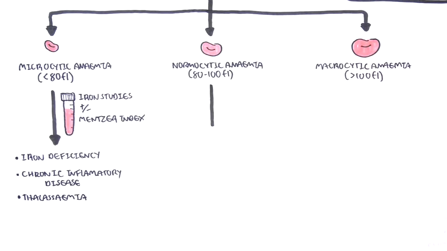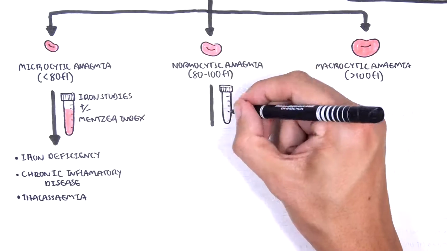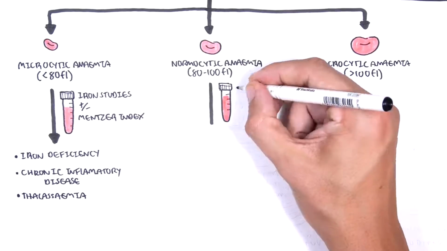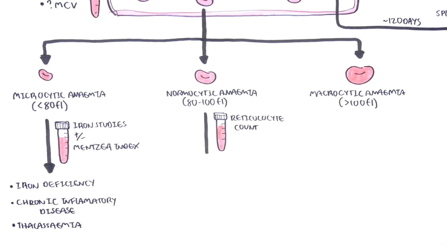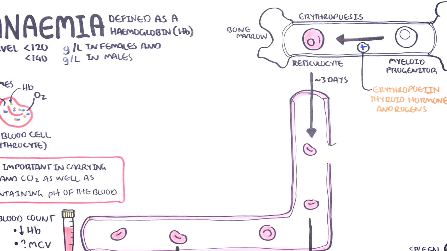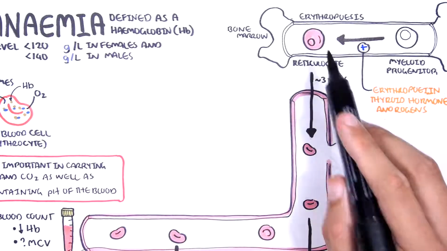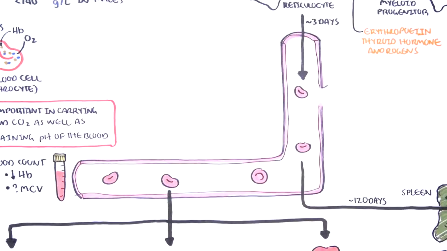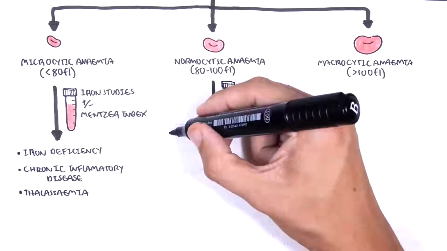When someone with anemia has a normal MCV, a reticulocyte count should be performed. Remember, the reticulocytes are the premature red blood cells that are still in the bone marrow. The reticulocyte count can be either high or low.